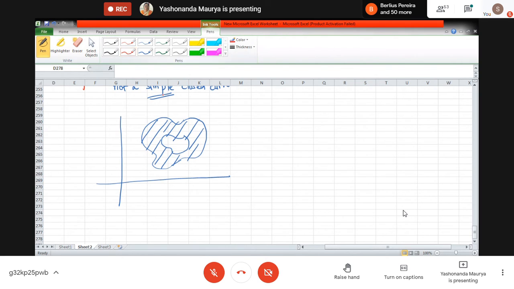If I want to compress this from all the sides, can I reach a single point? Just check out this one. I cannot compress this particular thing. So this is called not simply connected. This is not simply connected. Simply connected.